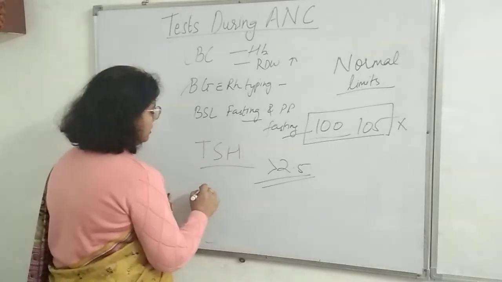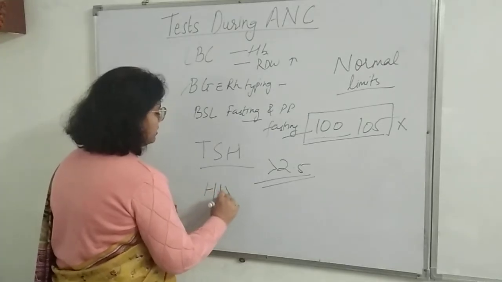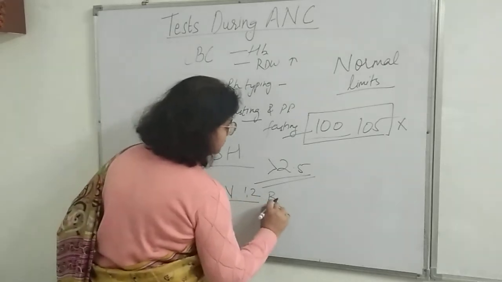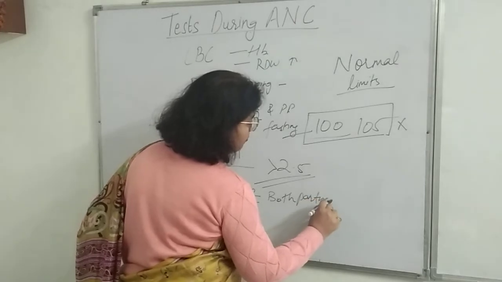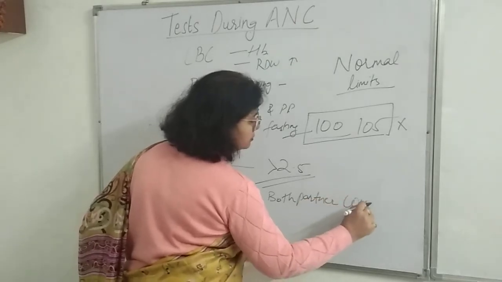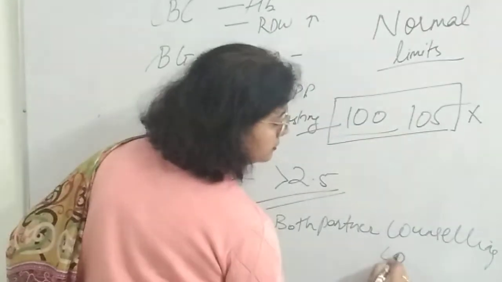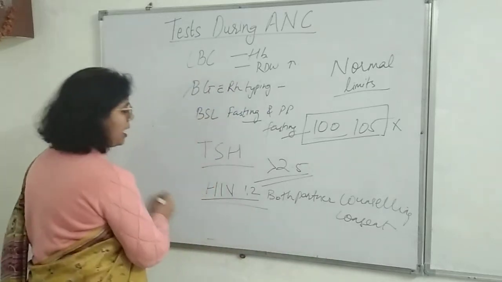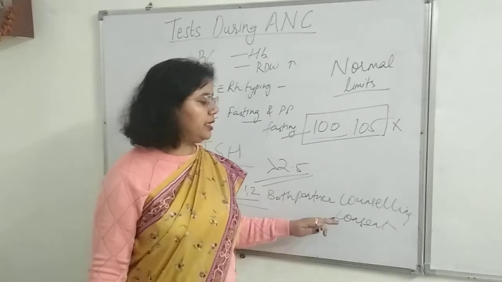After TSH, after counseling, HIV testing. This is to be done for both partners, preferably, but after proper counseling and also consent. You just cannot write HIV 1 and 2 on your paper without counseling them, without taking consent.